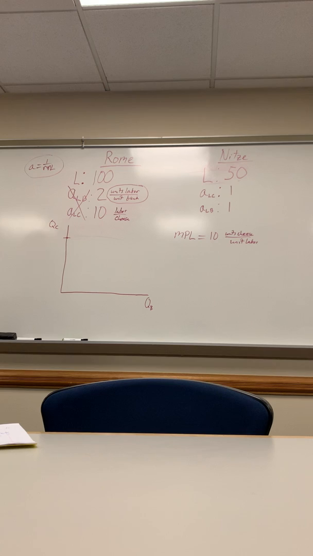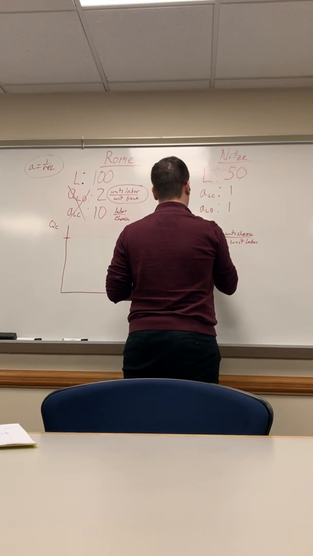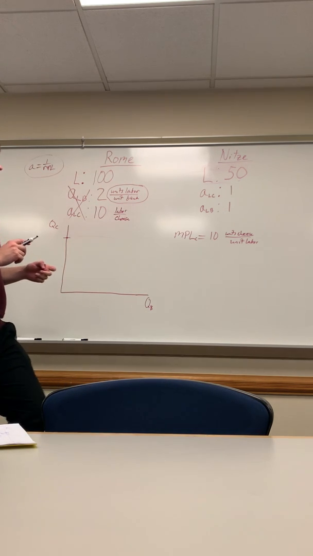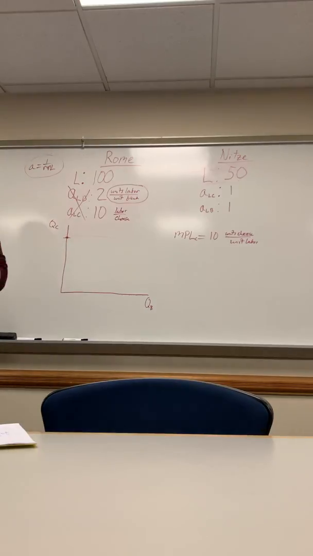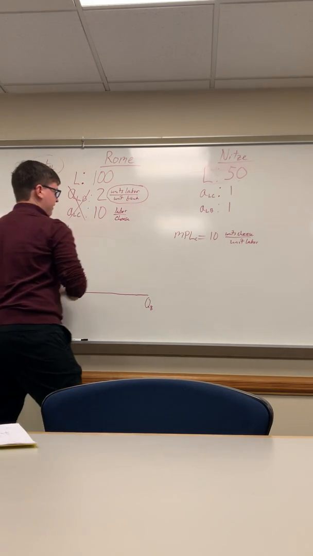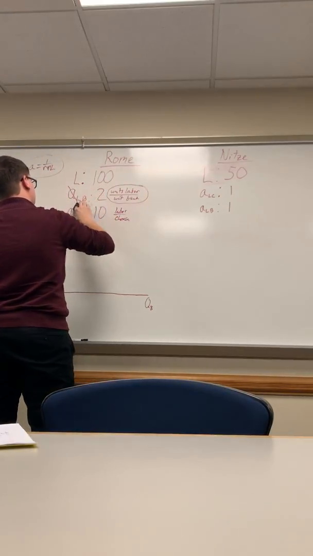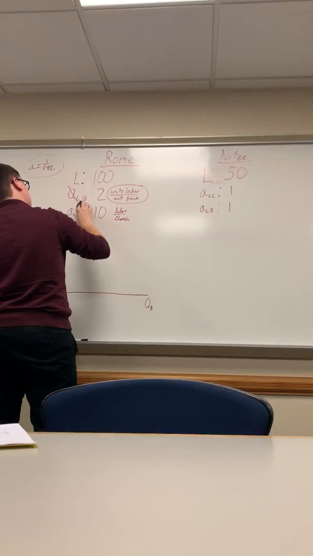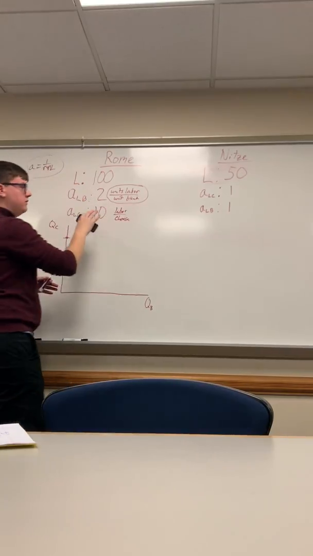But yes. So if I had given you, instead of ALC, if I had given you MPLC equals 10 units of cheese per unit of labor, then this quantity C would be how much? Yeah, it'd be 1,000 instead, right? Okay, cool. But I've given you this, units of labor per unit.